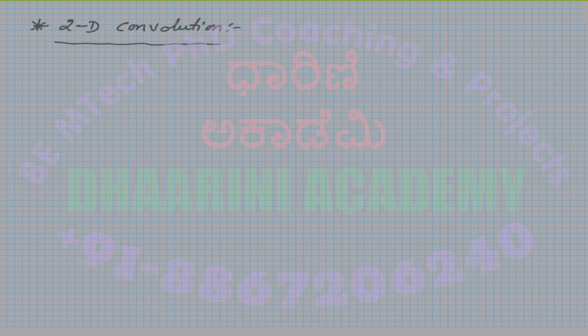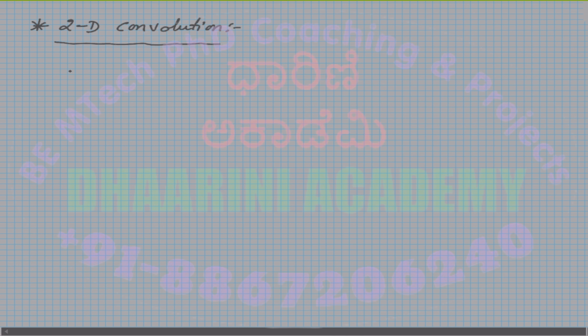So let's try to look at the equation first. If I want to write the convolution of two signals, in two dimensions I'm going to get y of m comma n.